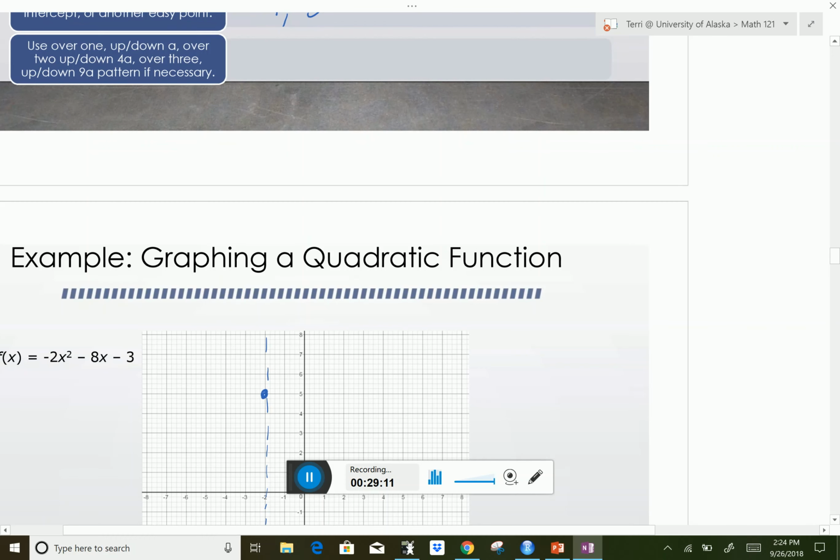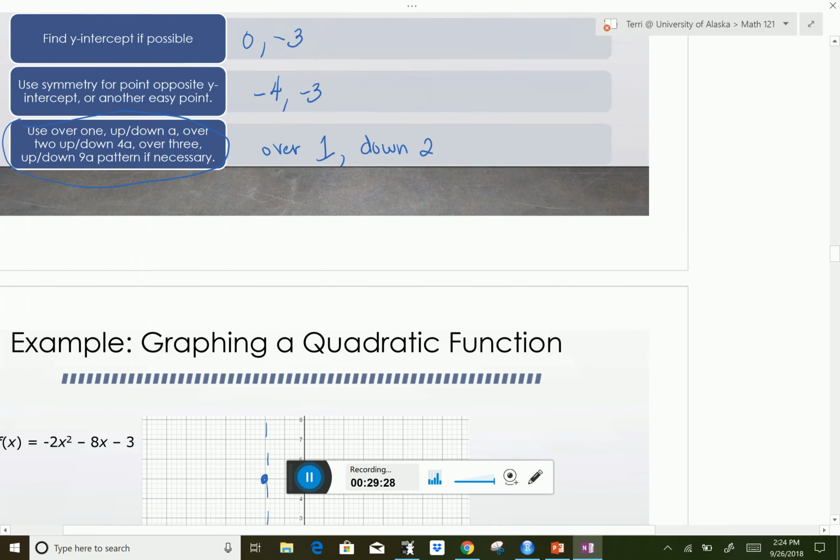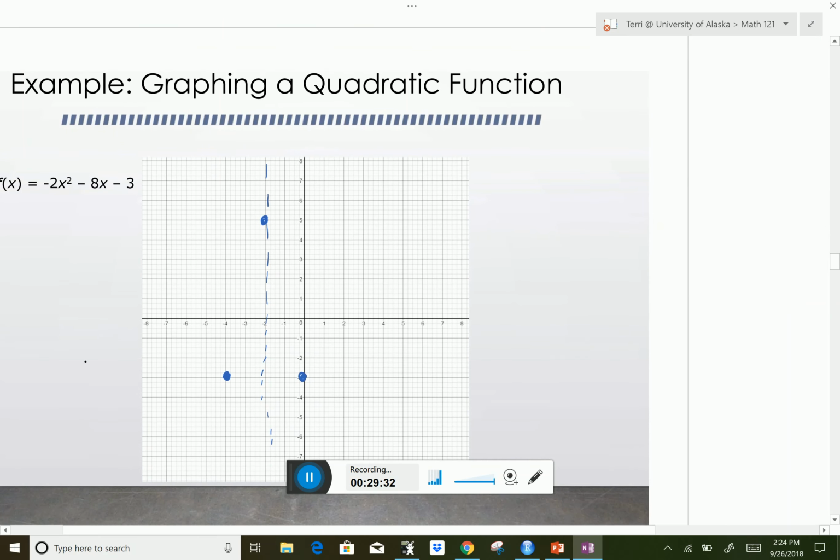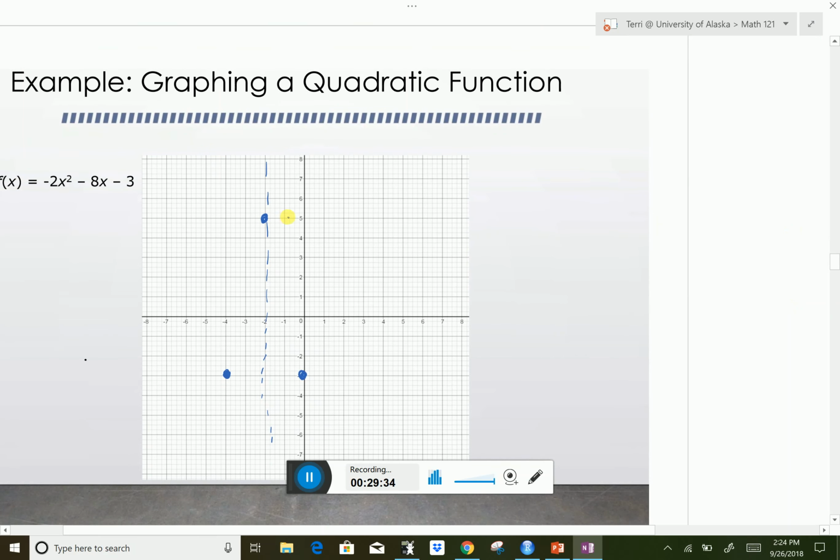Now I do need to use this pattern. If I go over 1 from the vertex, I'm going to go down, because it's a sad graph. A is negative 2, so going in the negative direction, 2. So if I go over 1, I go down 2.